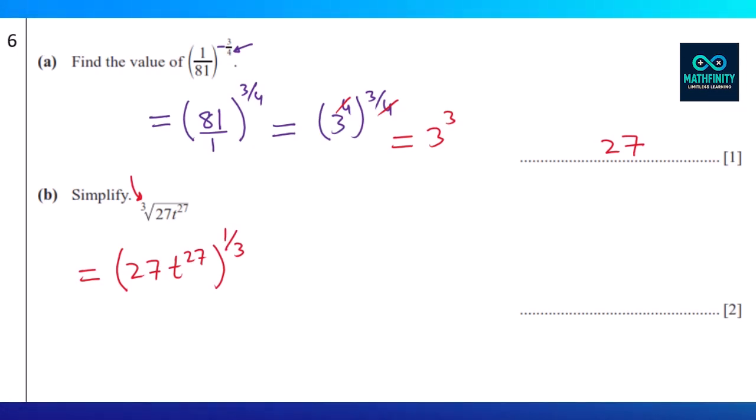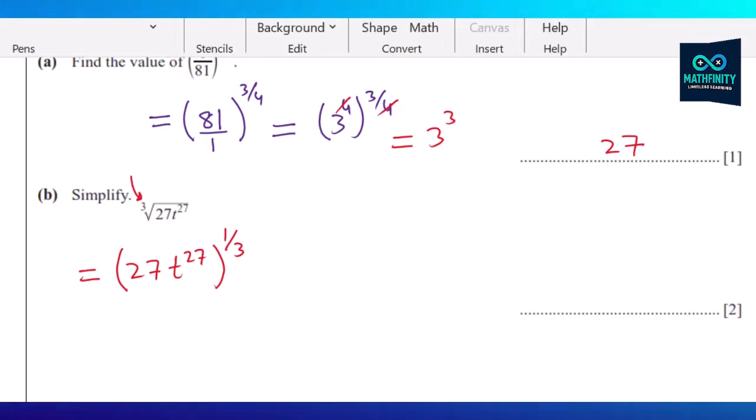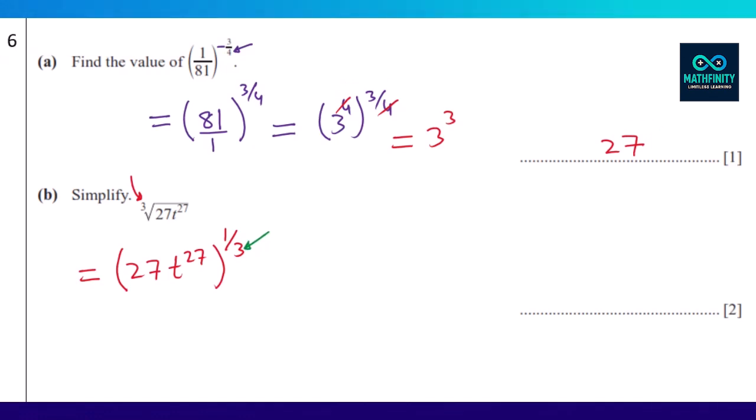I already gave you this idea. So what is the denominator now outside? 3. It means what number, 3 times, will give you 27? 3 power 3 is 27, and we can write 1 by 3.